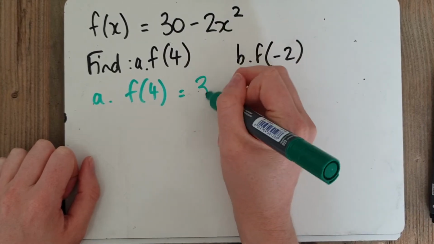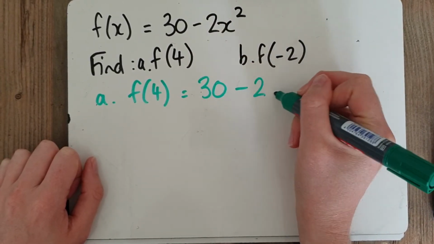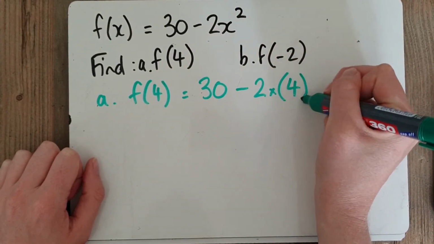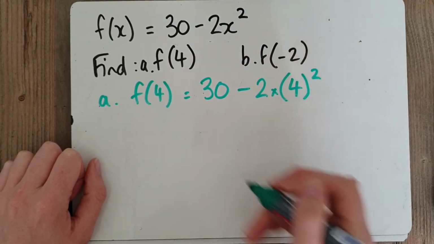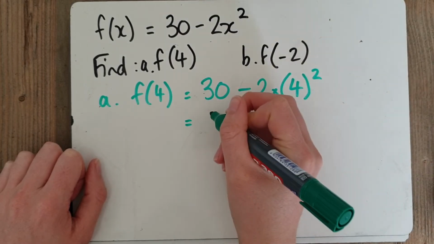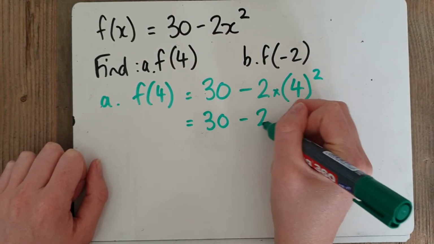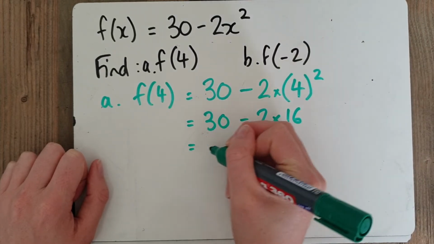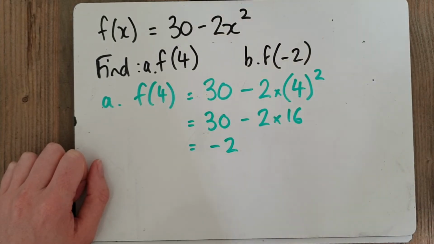So I'm going to do 30 minus 2 times 4, because 4 is replacing x, squared. So I get 30 minus 2 times 16, and that leaves me with negative 2.